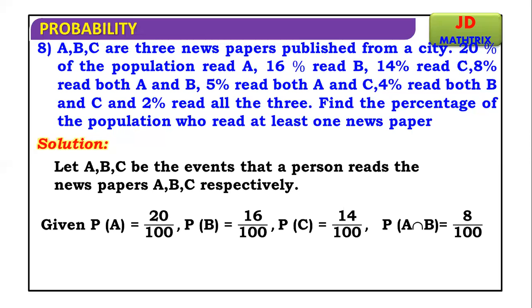Similarly, 16% read B, that means P of B equal to 16 by 100. 14% read C, that's why P of C equal to 14 by 100.